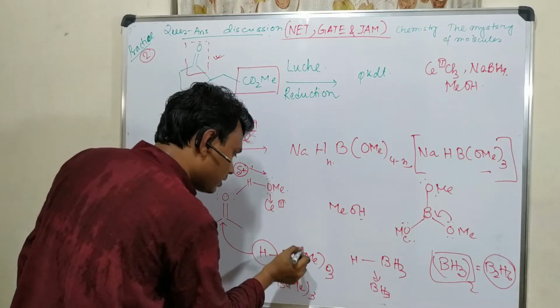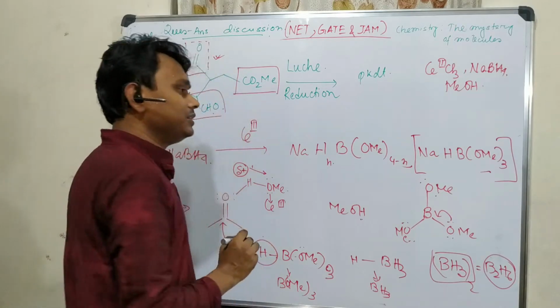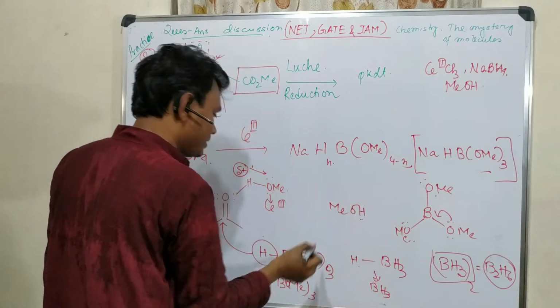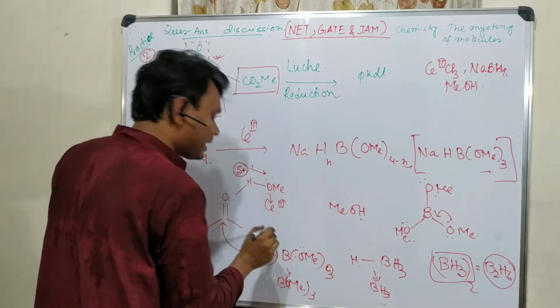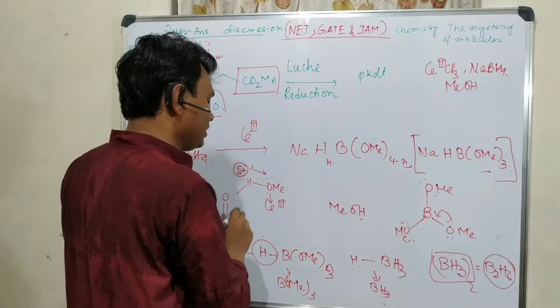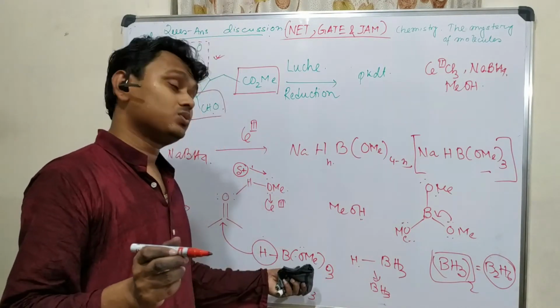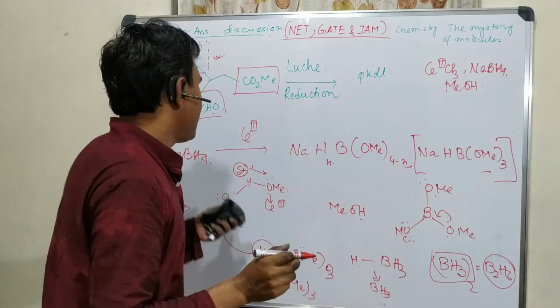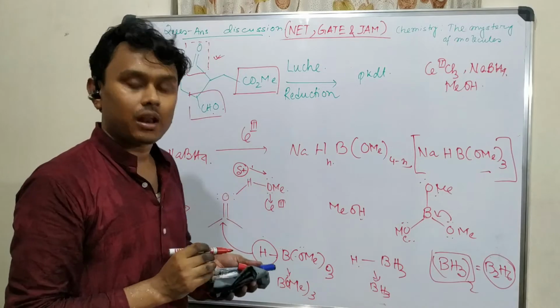Due to this pushing effect, the hydride becomes a stronger or harder nucleophile compared to parent sodium borohydride. That's why sodium borohydride can't achieve this, although it can achieve the other. So in this way, the reagent generated from cerium, methanol and sodium borohydride, sodium methoxyborohydride, achieves this selective reduction of carbonyl into a secondary alcohol.